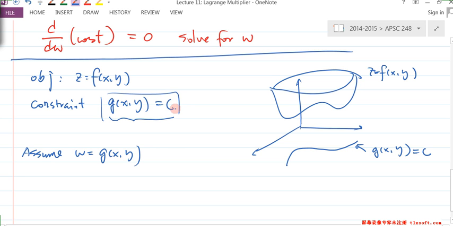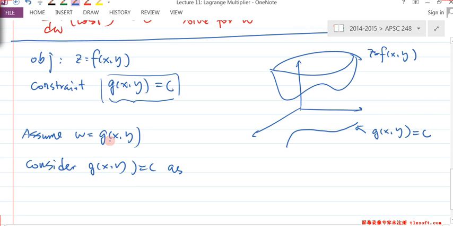When you have a constraint like this, we can consider it as a specific contour curve coming from this function, from w equal to g of x, y.